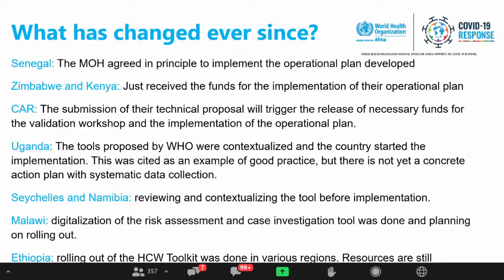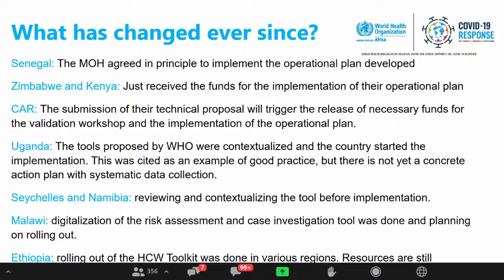We have got some change in the last weeks, as you can see in this slide. For instance, in Senegal, the MOU agreed in principle to implement an operational plan developed under the technical support of WHO. But it's just an agreement in principle, because we did not see anything on the ground.